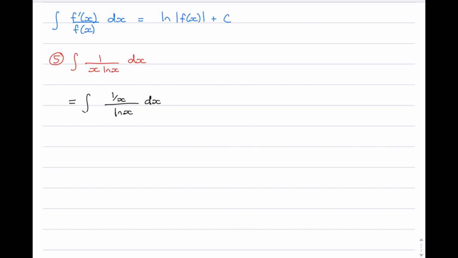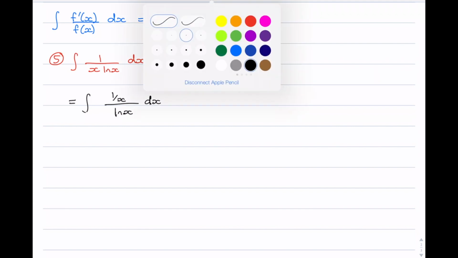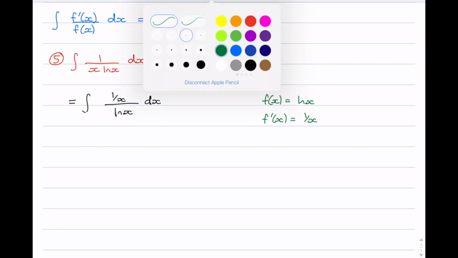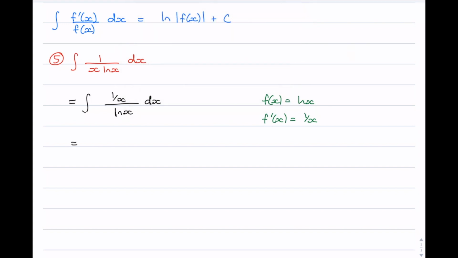And now it becomes clear that this is indeed a log integral, because we have our function f of x, the denominator, which is log x, and the derivative f dash of x, which is 1 on x, that's actually our numerator. So this is indeed a log function. It's going to be log of the denominator, which happens to be log of x. So log of log x plus c.